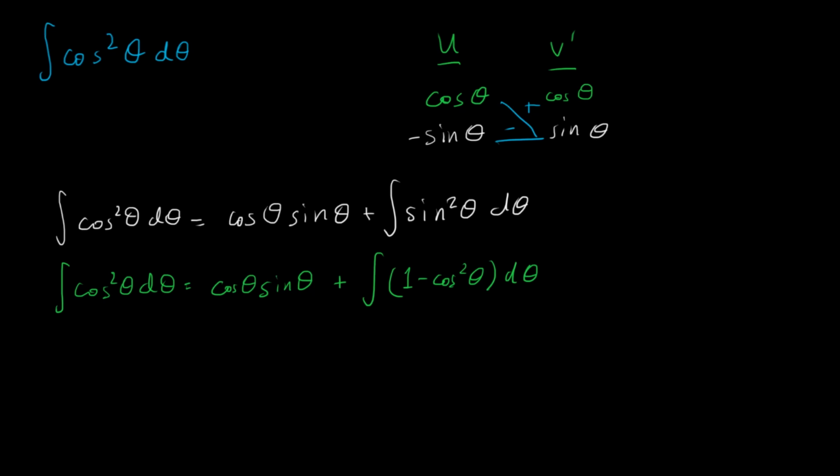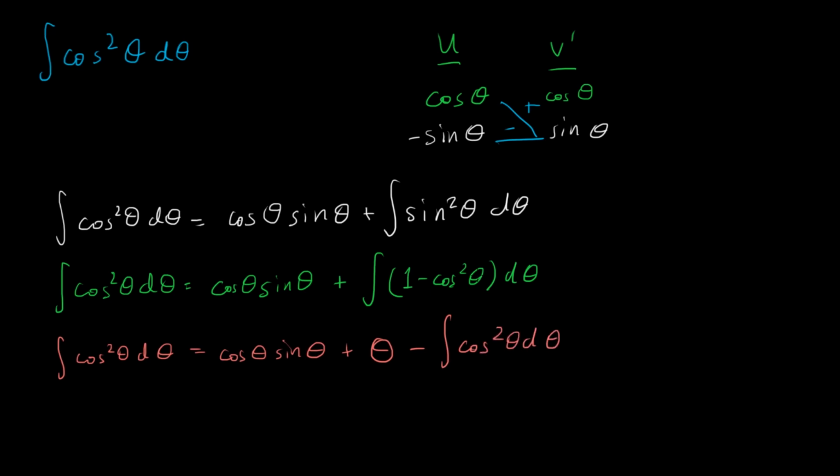But what we can do is, I'll write all this again. Antiderivative of cosine squared theta equals cosine theta sine theta plus, so we'll integrate both of these terms separately. So the antiderivative of 1, that's just theta, minus the integral of cosine squared theta d theta.